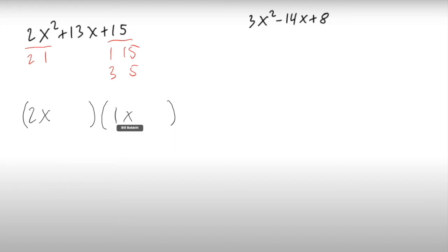Or instead, we can just get rid of this and just call it x. So we have 2x in one, x in the other. And also, just like in the last one, we can see that both the last term and middle term are positive, so we're going to have plus signs here.